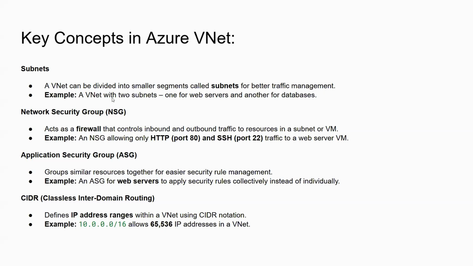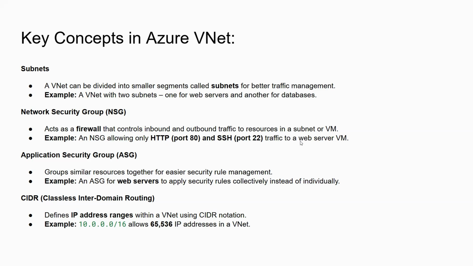Okay, and key concepts in Azure: subnets. A VNet can be divided into smaller segments called subnets for better traffic management. So why do we divide the subnets? For better traffic management: a VNet with two subnets, one for the web servers and another for the databases.